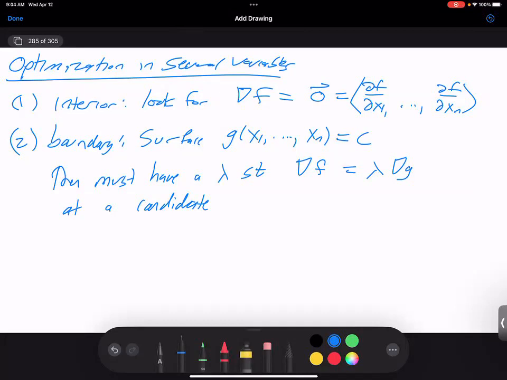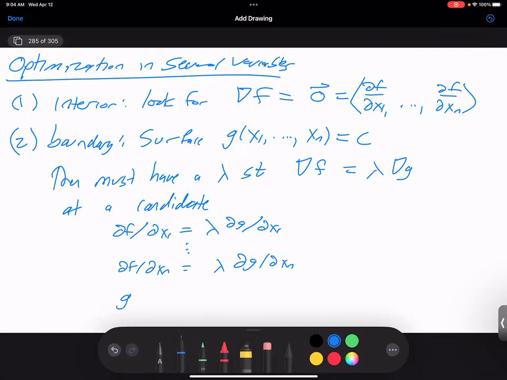So the first thing to look at in something like this is, well, how many equations do we have? If I have n variables, x1 through xn, and I've added lambda, let's write down all the equations. So we have df dx1 equals lambda dg dx1 ... df dxn equals lambda partial g partial xn.